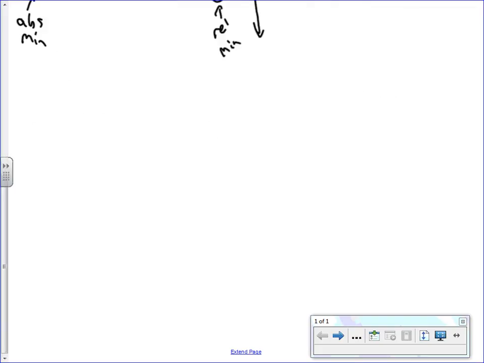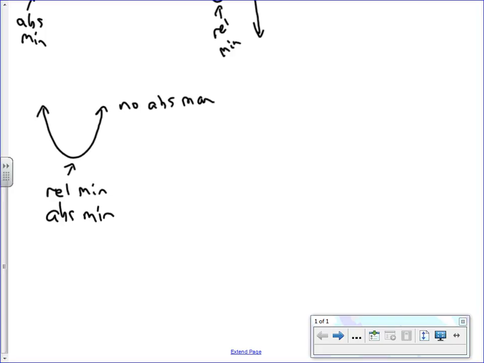Okay, nice little parabola here. This point is both a relative min and an absolute min. It is the lowest point on the graph, and there is no absolute max. It goes up forever, and there's also no relative max. There's no point that's higher than any point in the general vicinity.